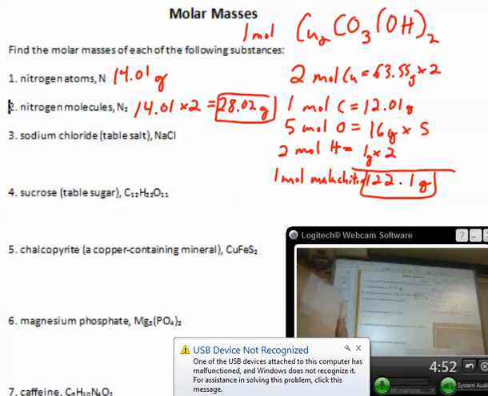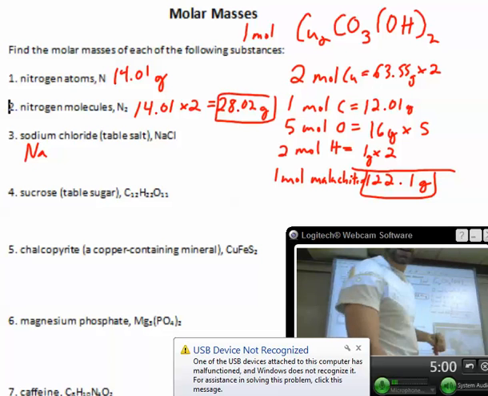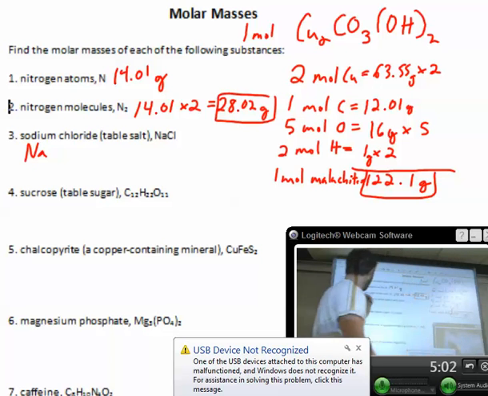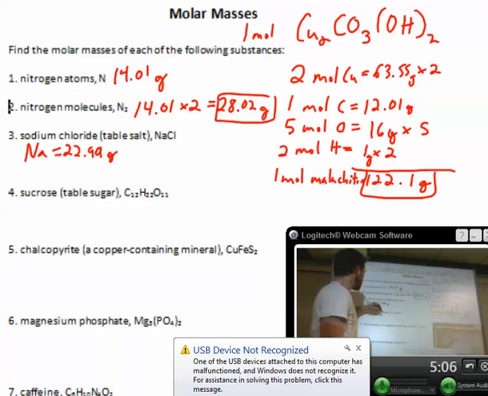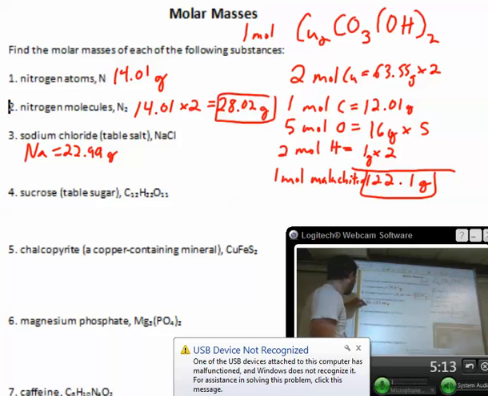All right, sodium chloride, NaCl. If you look on your periodic table, sodium has a molar mass of 22.99 grams. Chlorine has a molar mass of 35.45.